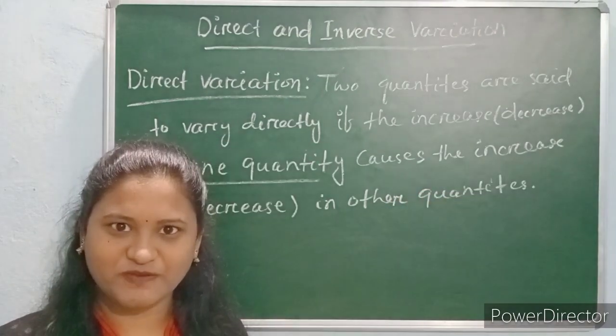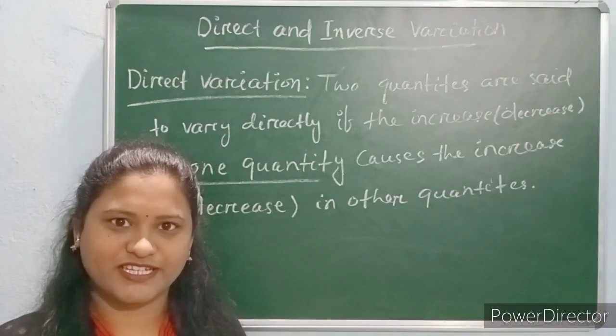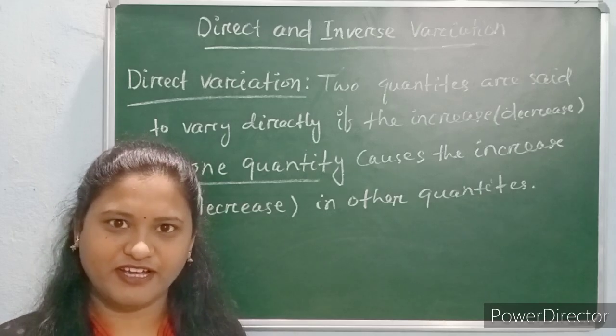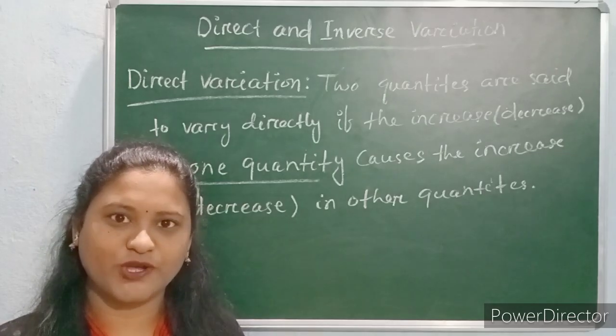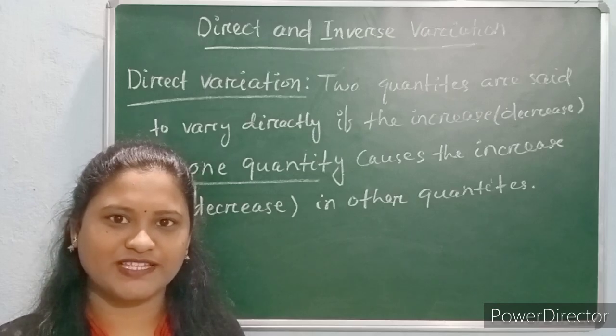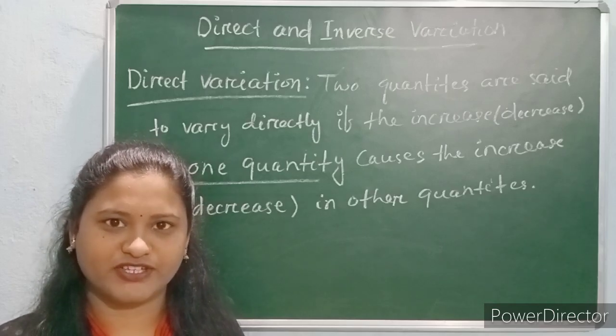What is the meaning of this statement? When we increase the number of things, the price of things also increases. This process is called direct variation.